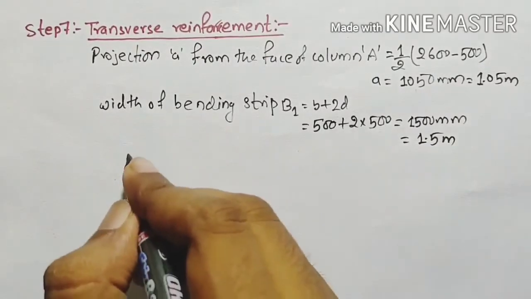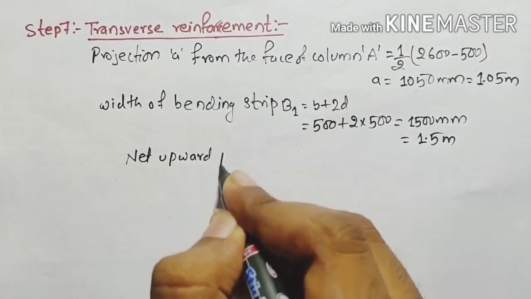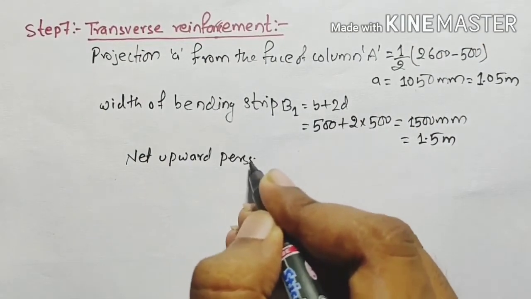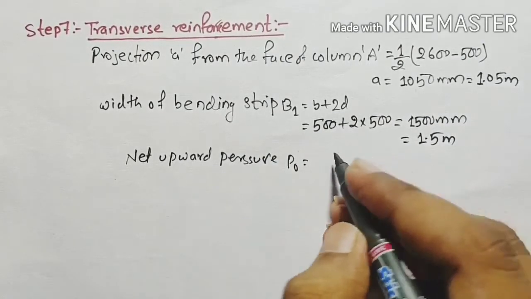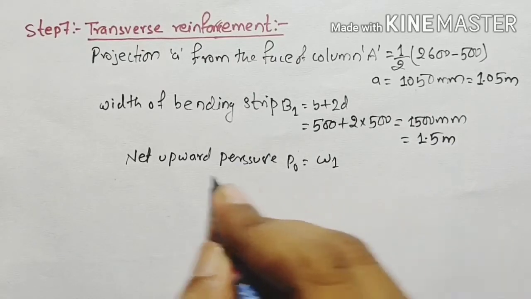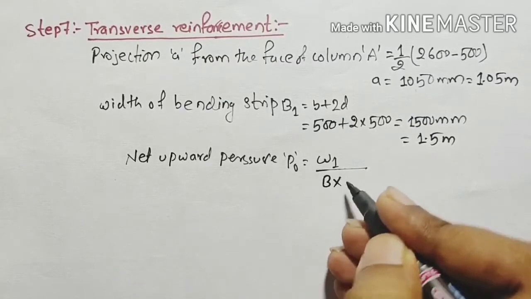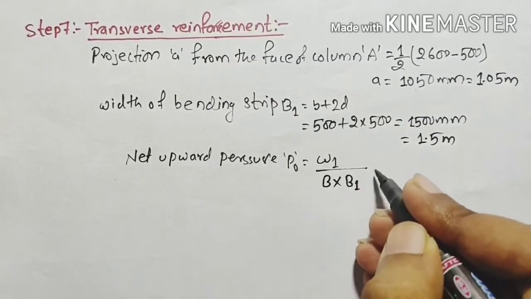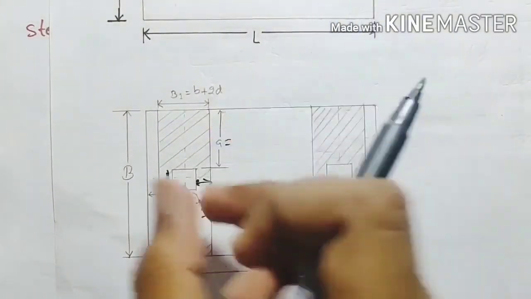Now net upward pressure, P naught, equals W1, the loading on the footing, divided by the area of the bending strip, that is B times B1.